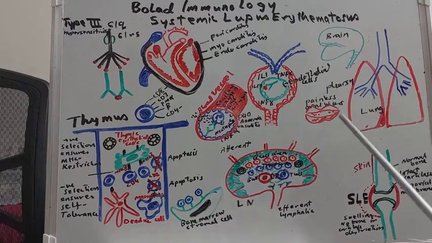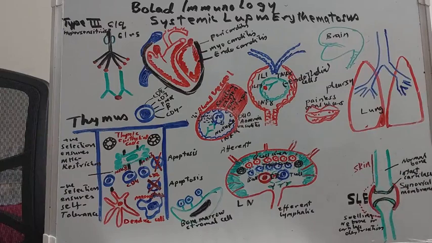In the mouth, the patient may present with oral ulcers, and usually these ulcers are painless, they are not painful. Regarding the joints, SLE can also affect them, but as can be seen here, the cartilage is intact, the bone is intact, and the synovial membrane is intact.